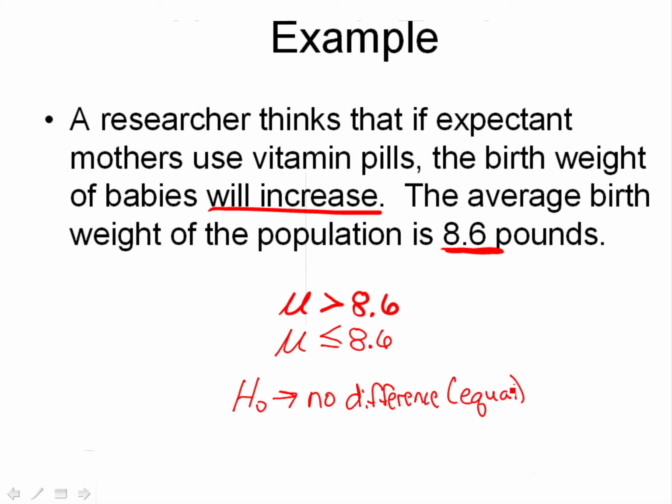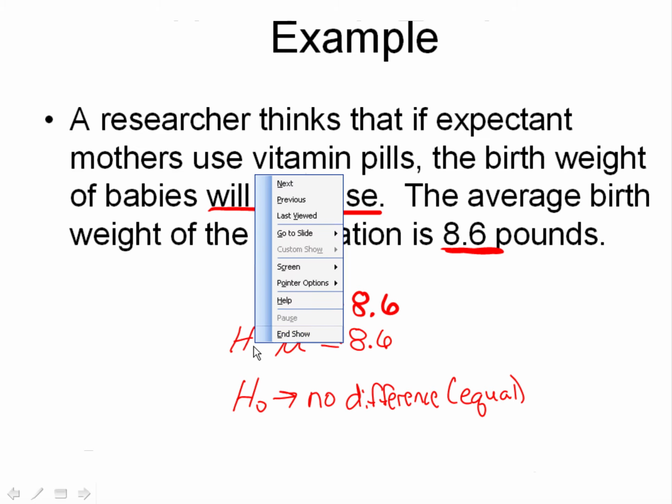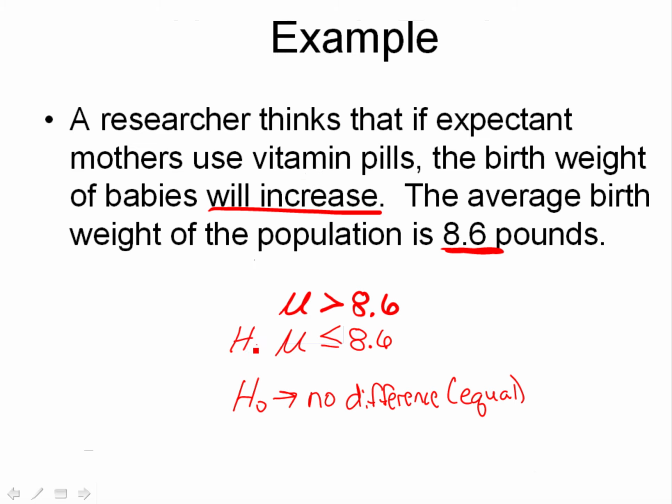And so looking at your two hypotheses, whichever hypothesis has the equal to option in it, by definition, has to be the null hypothesis. So in other words, this one should be labeled H sub 0, because it has the equal to option, which sort of by default makes the other one your H sub 1.